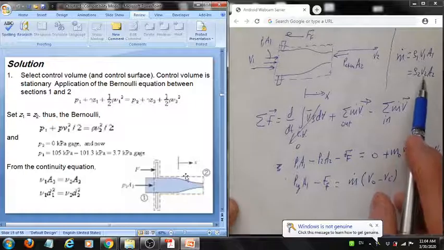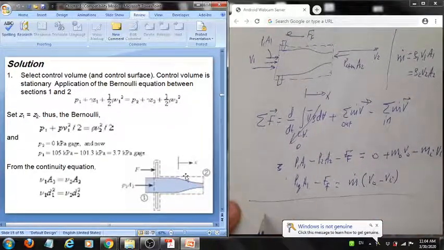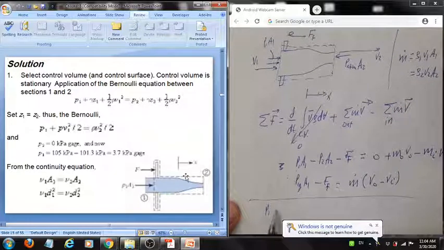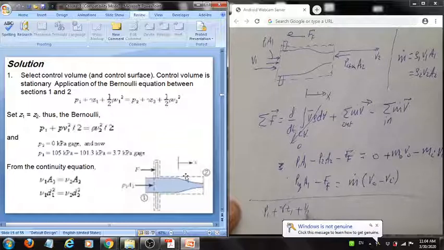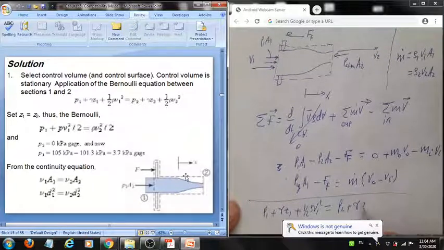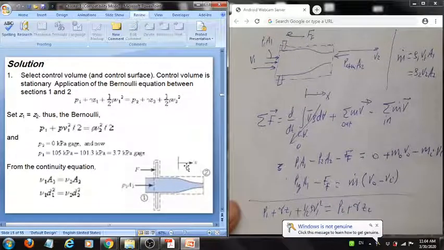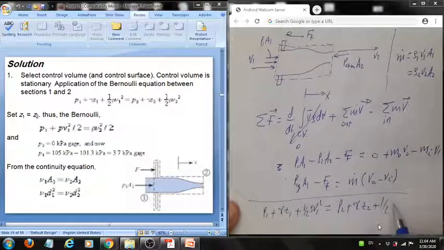We go back to the Bernoulli equation and we say P1 plus gamma Z1 plus half rho V1 squared equals P2 plus gamma Z2 plus half rho V2 squared.